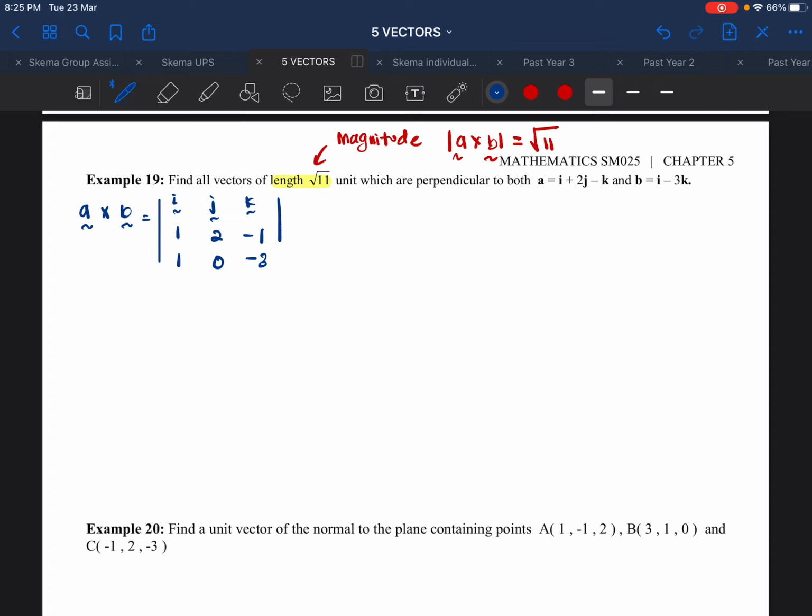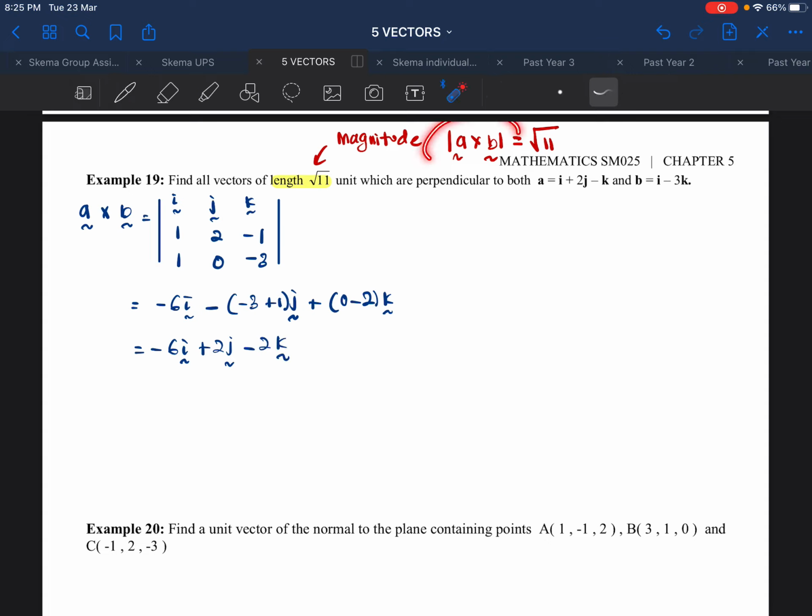Kita selesaikan. Kita ada negative 6I minus negative 3 plus 1J, and the last one is plus 0 minus 2. So kita ada negative 6I plus 2J minus 2K. Okay, so itu A cross B kita.